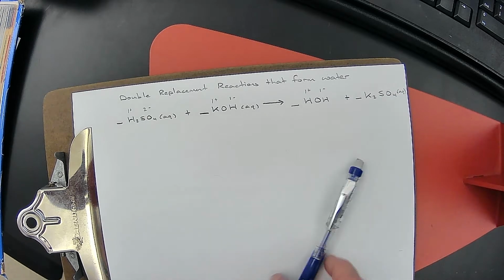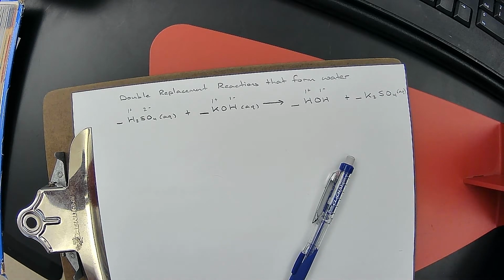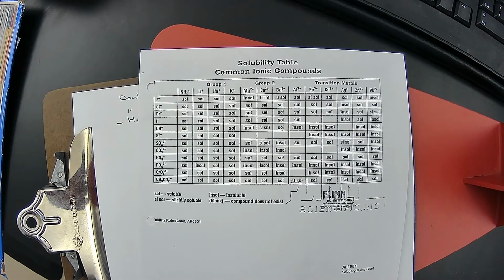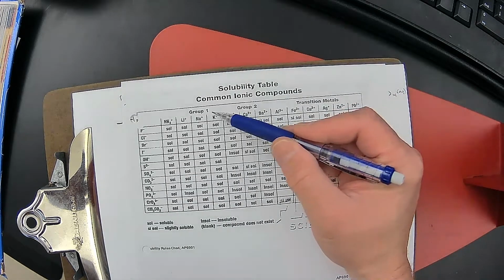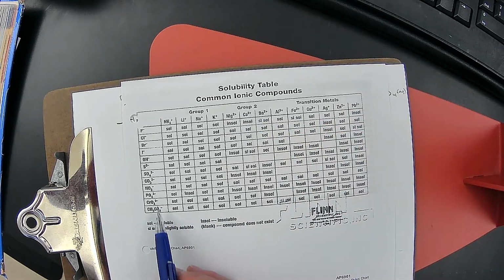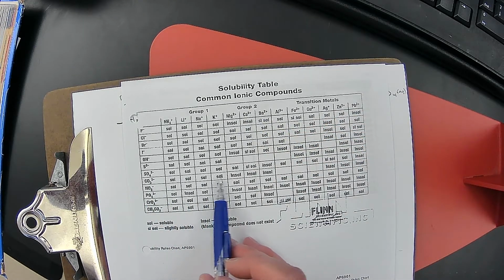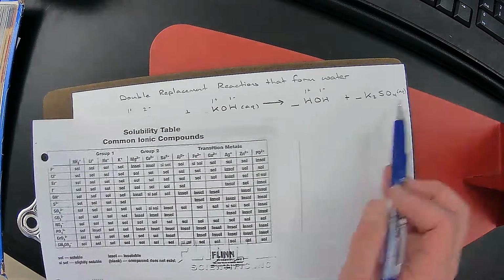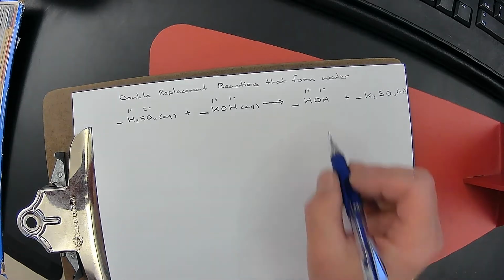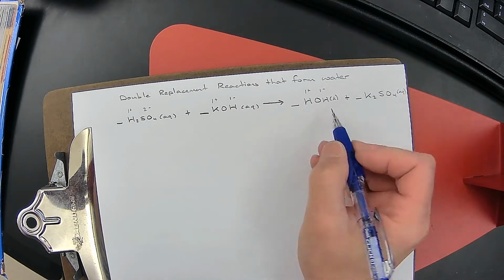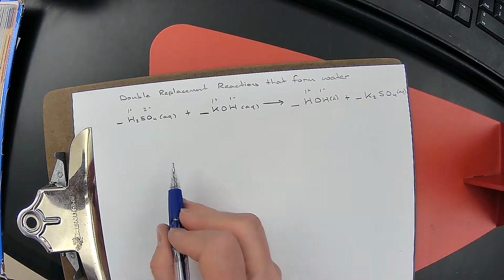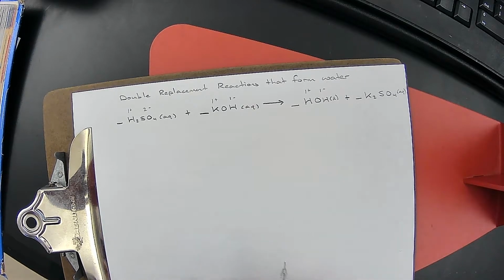The way that we would know it's an aqueous solution is we would look at our solubility chart, and K with an SO4 is soluble, so that means it dissolves. But because H2O in the liquid phase is formed, this reaction would take place.